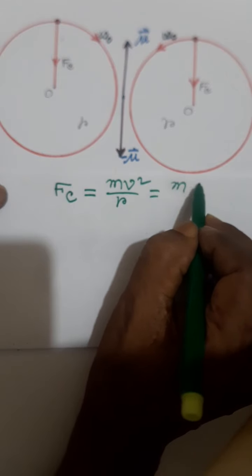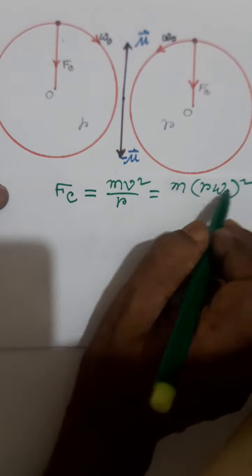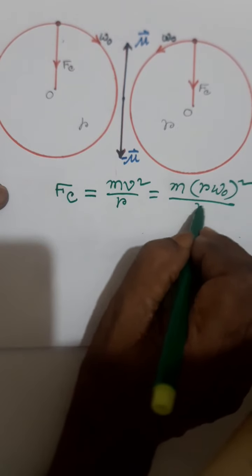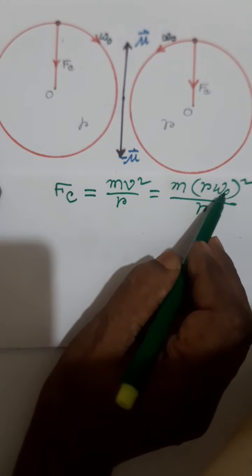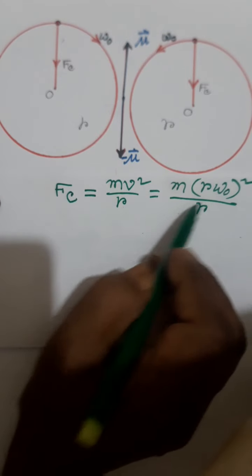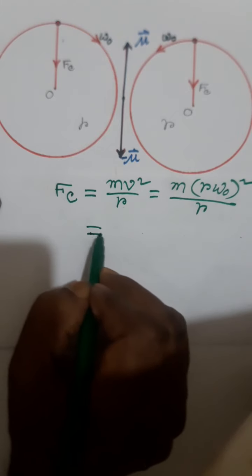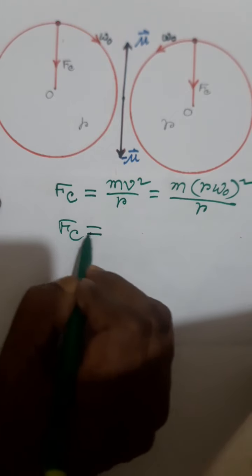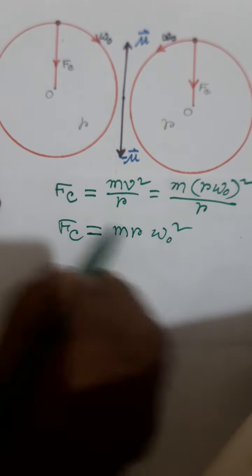Therefore, m r omega naught square divided by r, as the electron is revolving with an angular speed omega naught. Therefore, Fc equal to m r omega naught square.